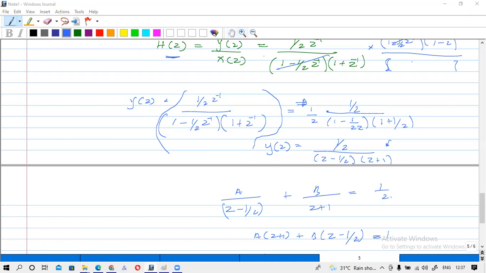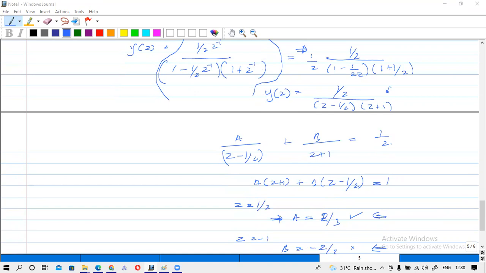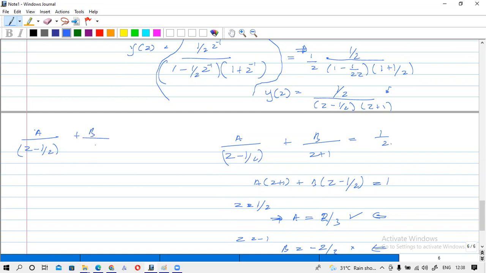Do I need to multiply the right side? I have already multiplied, no? Because here you get A at half plus B at +1, so we have to get half here.